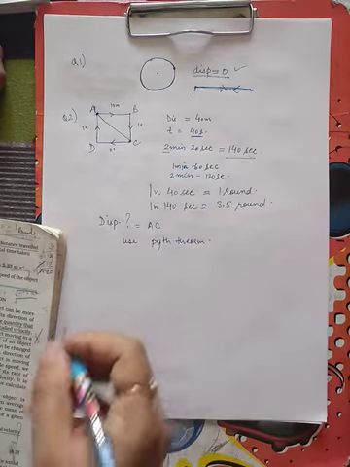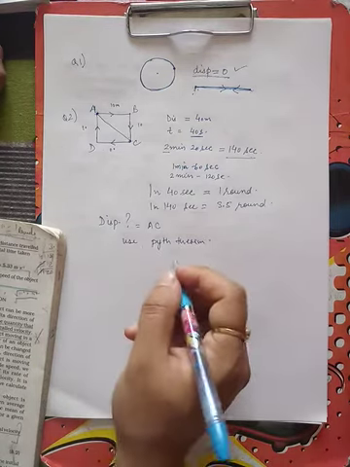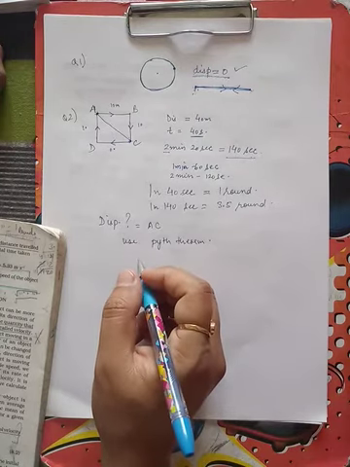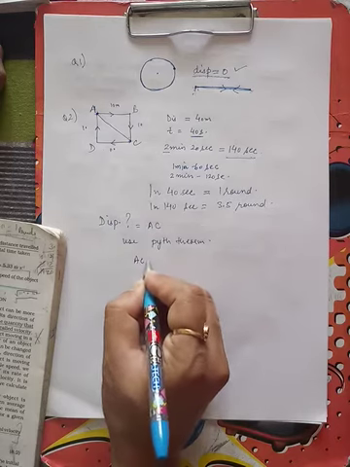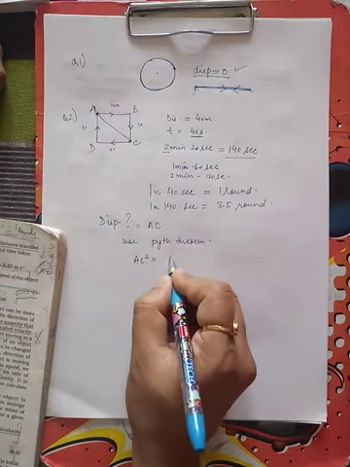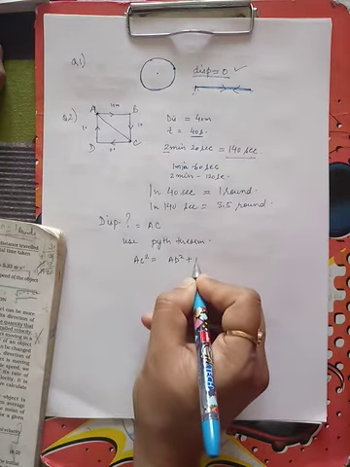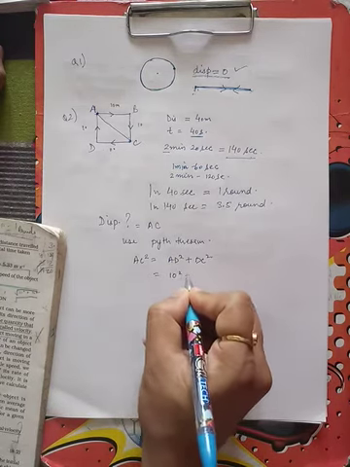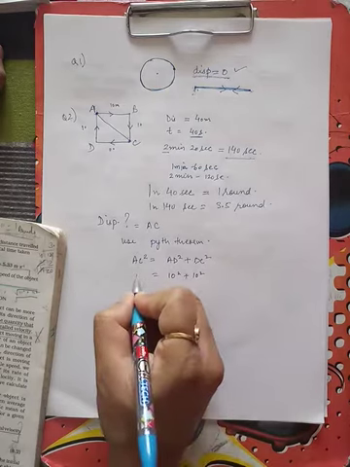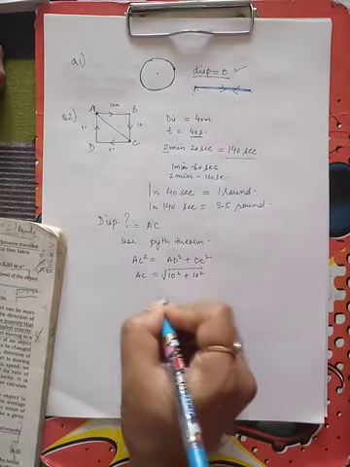You must have used it in your previous classes in maths, right? So AC square is equal to AD square plus DC square. AD is 10, DC is also 10, and what is AC?